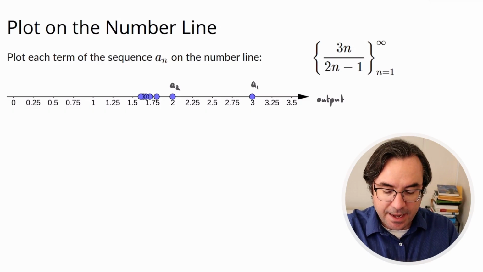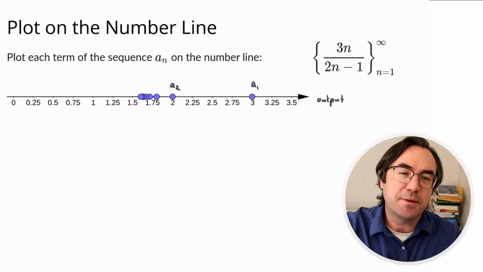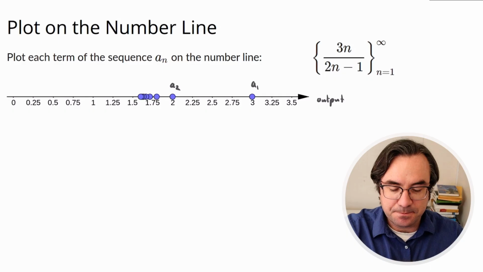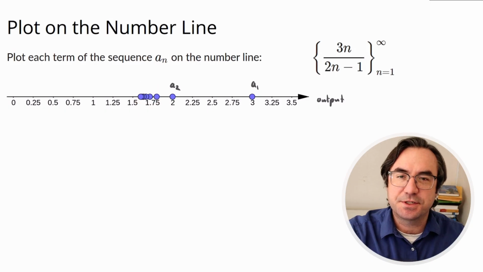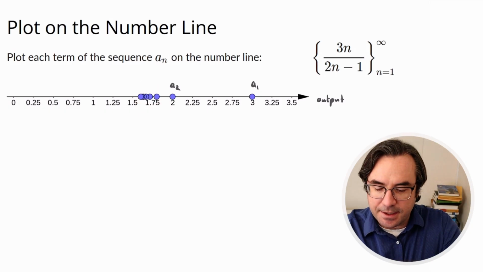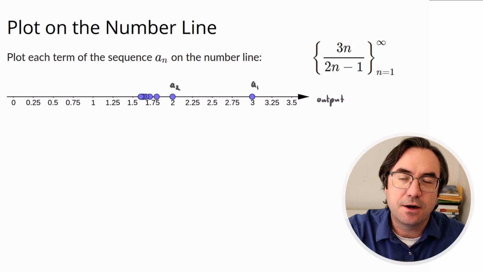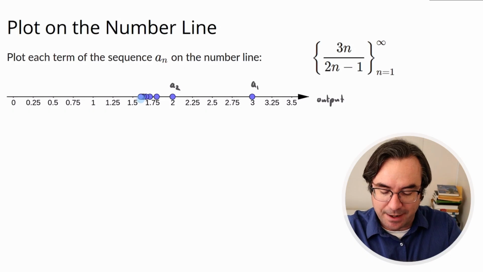I like both pictures, but I like this visualization because we start to see something interesting here. What we start to notice is that as we plot more and more of these numbers, or these steps on our number line, they start to bunch up.